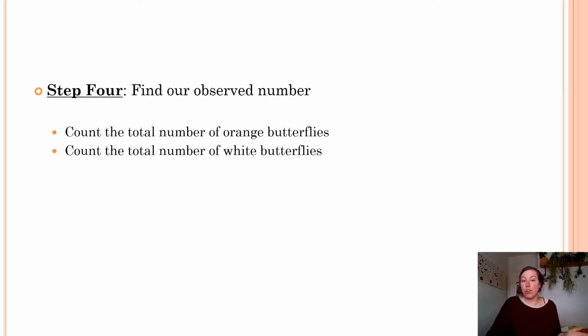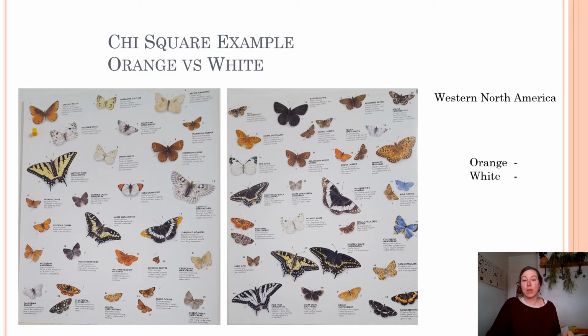This is step 4. We just have to count. When you were doing your own research, for example, with my salamander research, it took me months and months to count all my salamanders doing their behaviors. Today, this is going to be fast. You're going to have to trust me that these are the orange butterflies. I know the colors aren't great on here, just the lighting in my office, but these are the orange ones.